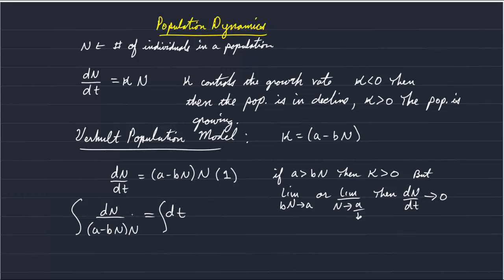So our task now is to solve the integral on the left-hand side, and you can see it's a somewhat complicated function of n because we have a quadratic function of n in the denominator.